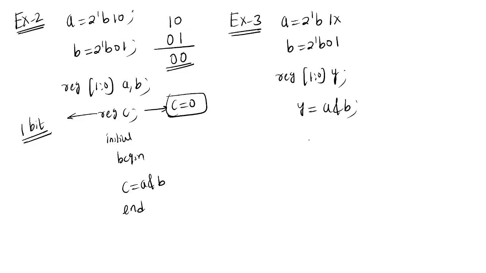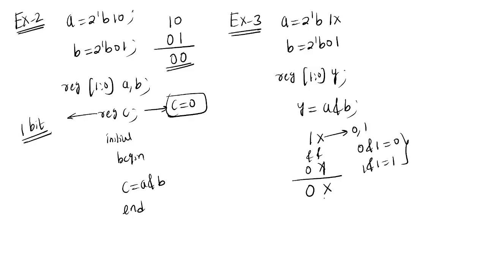So here 1x logical and of 01. Here you need to analyze. The x value is either 0 or 1, no? So 0 and 1 is 0, 1 and 1 means here you are getting 1. So this is nothing but x, you will get x. Like this you need to analyze the bitwise operators.